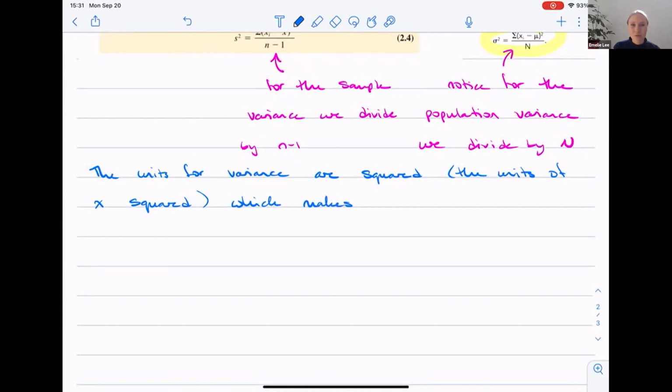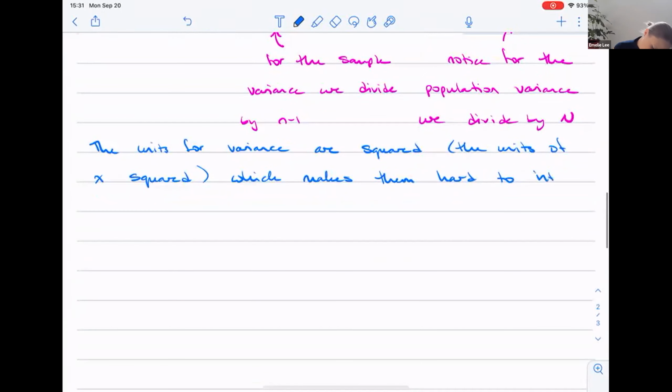Or maybe not. Maybe you feel comfortable talking about squared units, but I don't. I think that they're hard, right? Which makes them hard to interpret. Which is why we typically prefer the standard deviation.